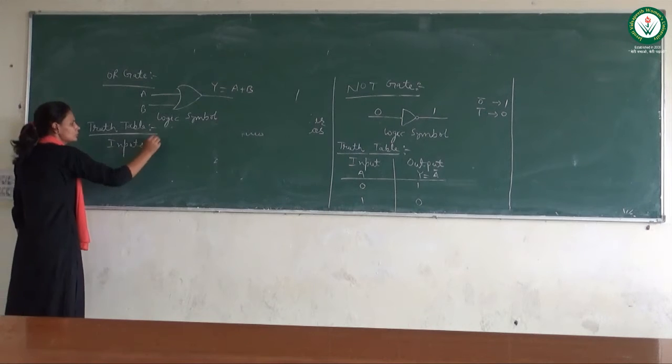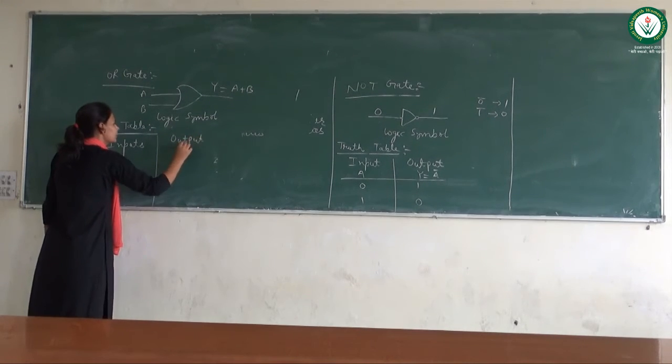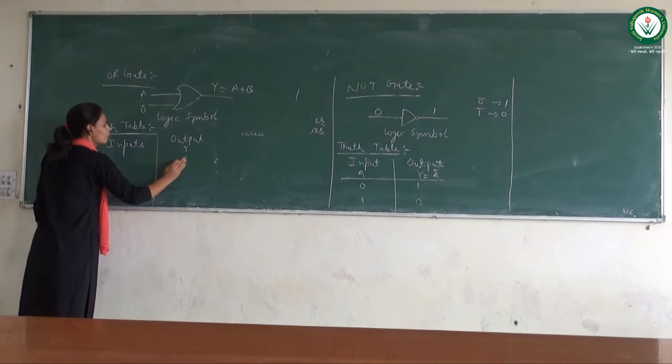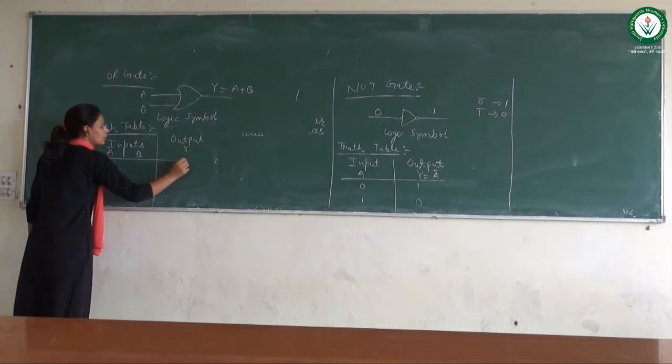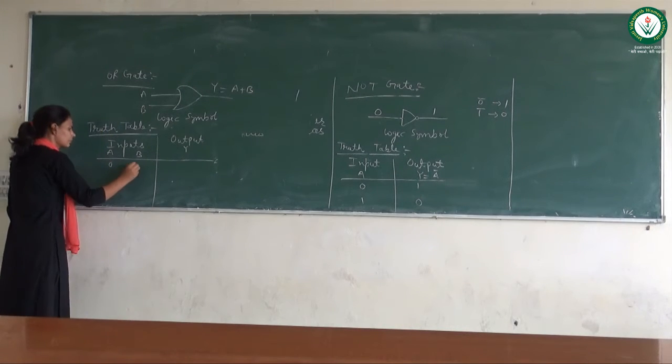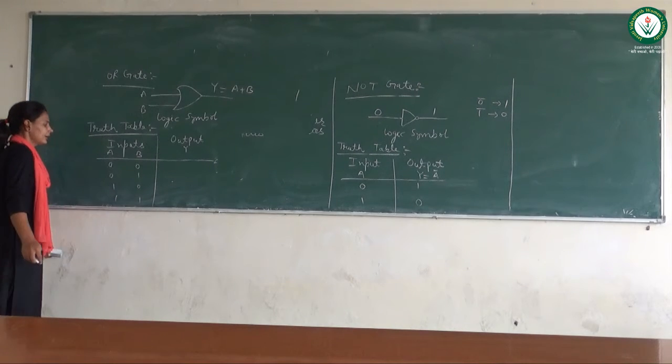There are two inputs. That's why the total number of input combinations will be 4: 0 0, 0 1, 1 0, 1 1.